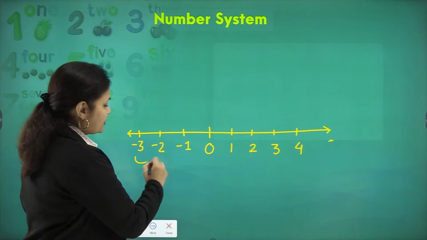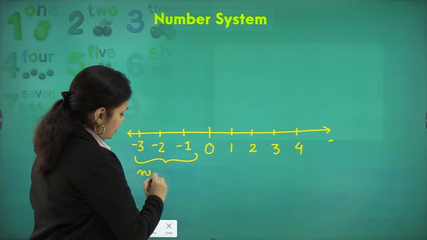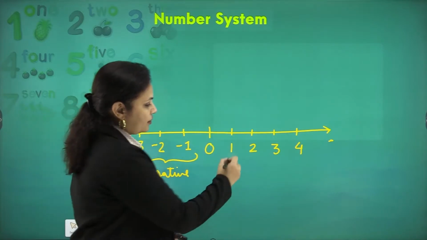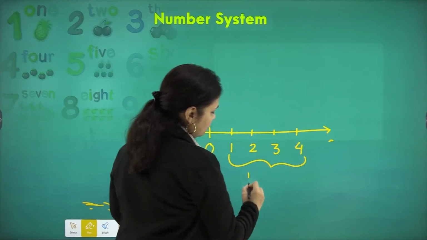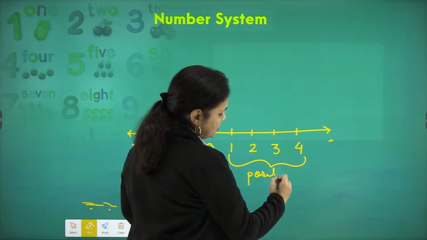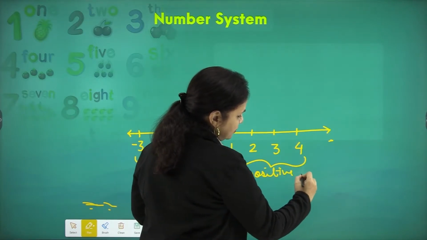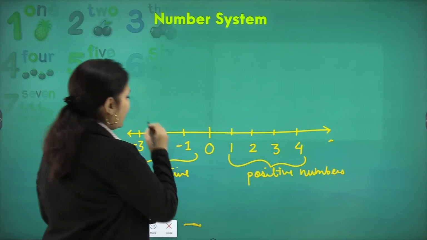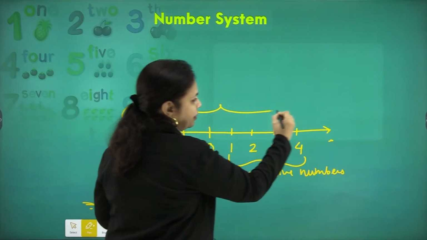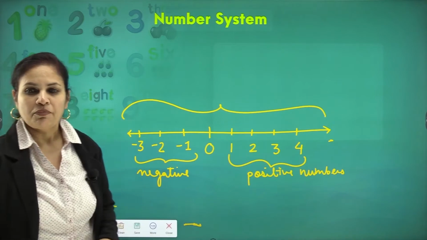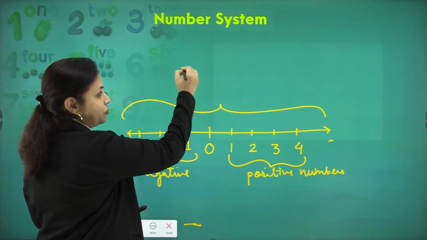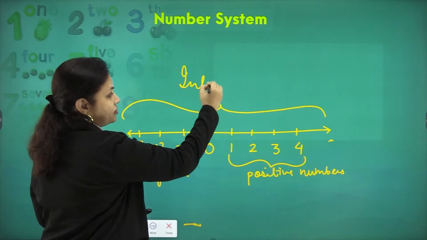So these are my negative numbers, and here to the right of 0 we have positive numbers. This entire group of numbers, positive, negative as well as 0, were grouped as integers.